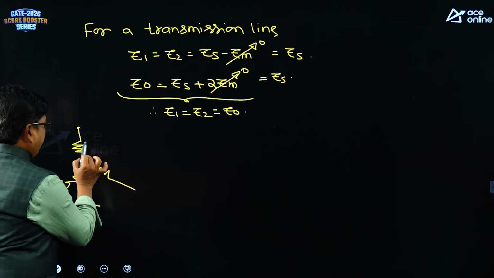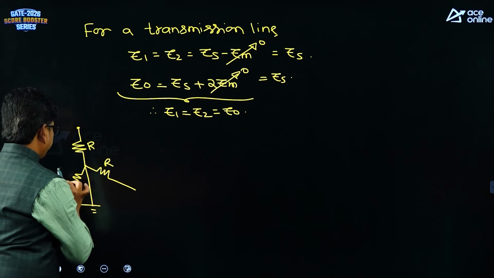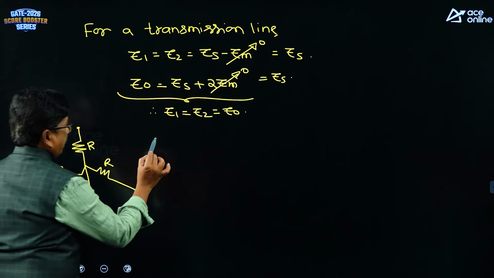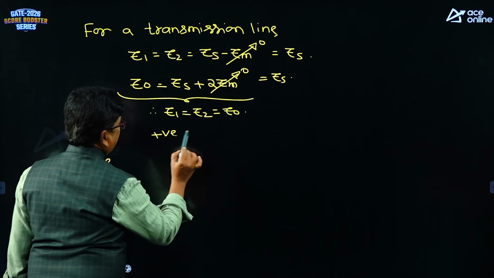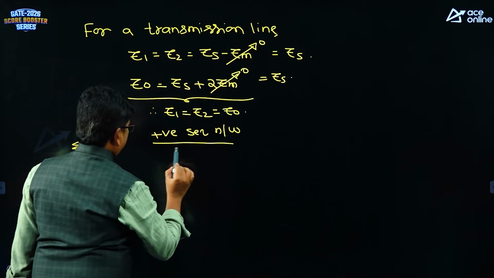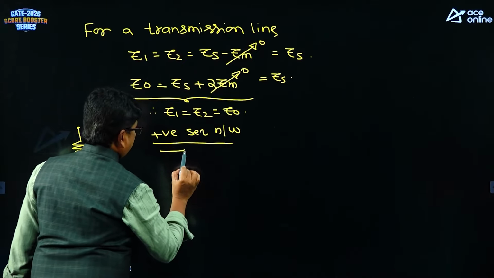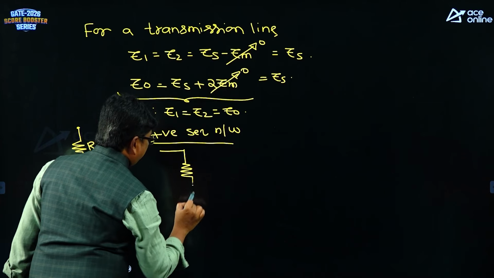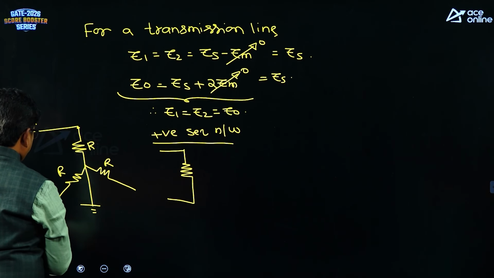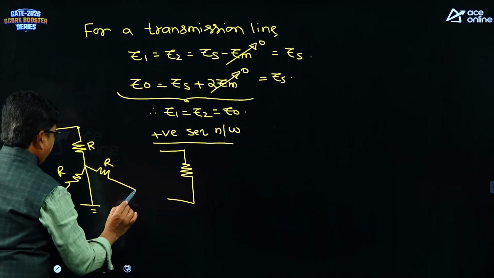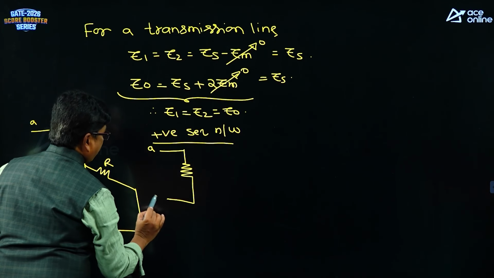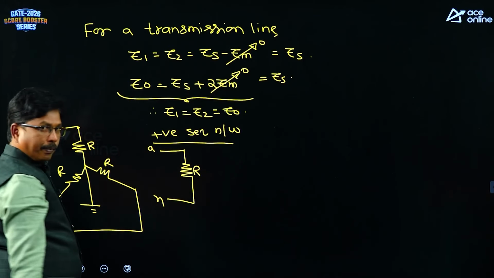Let R be the resistance of the load; you can take Z also, no problem. Therefore, the positive sequence network will be only the resistance up to the neutral point. This is phase A, phase B and phase C. This is point A, this is the neutral point, this is R.